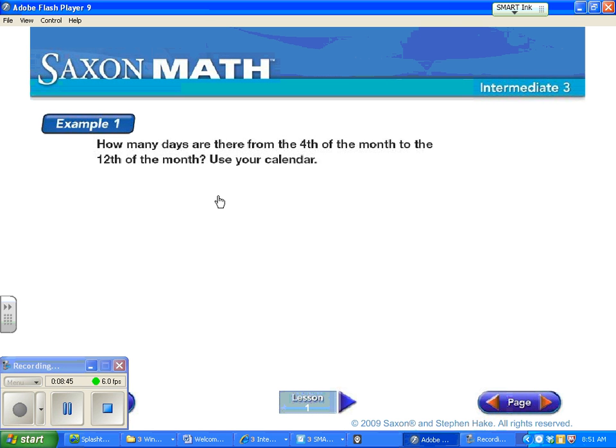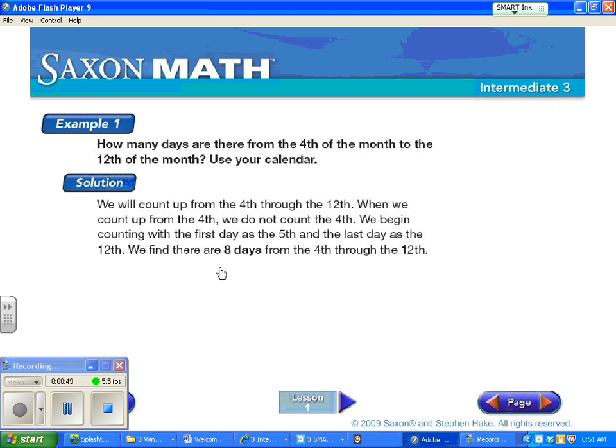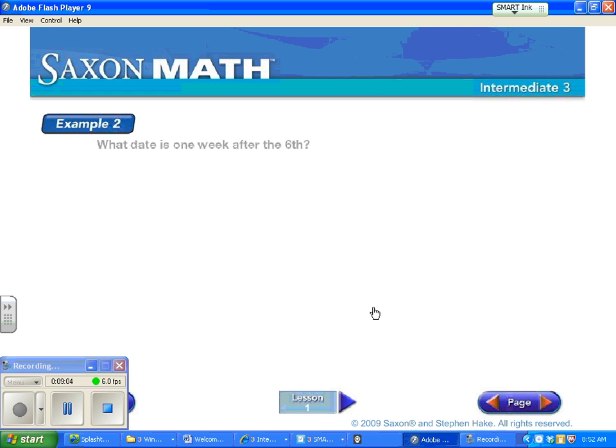How many days from the 4th to the 12th? Yes, it's 8 days. But remember, your starting point, you don't get to count, okay, Gabriel? You have to wait until you take a hop. And then when you get to your destination, that tells you, and we did it, and we were 8 days from the 4th to the 12th.